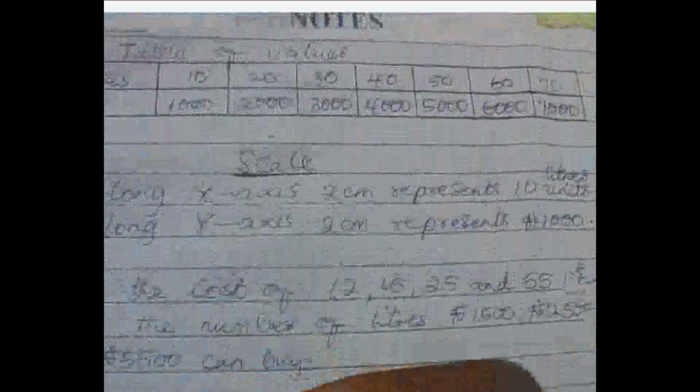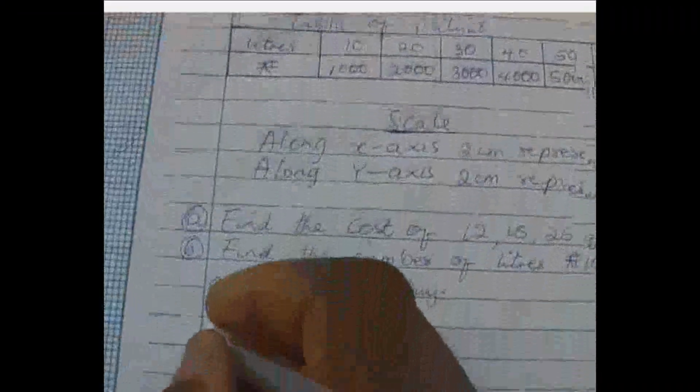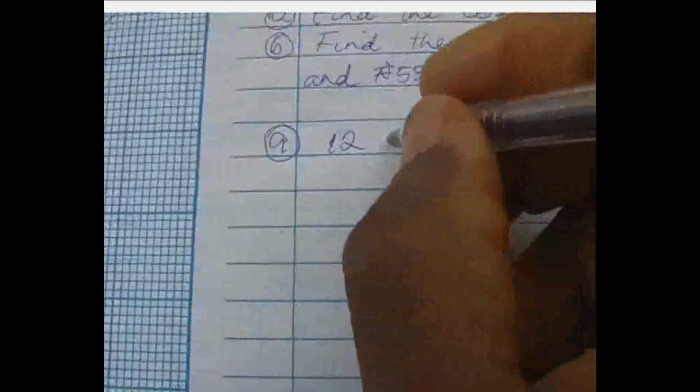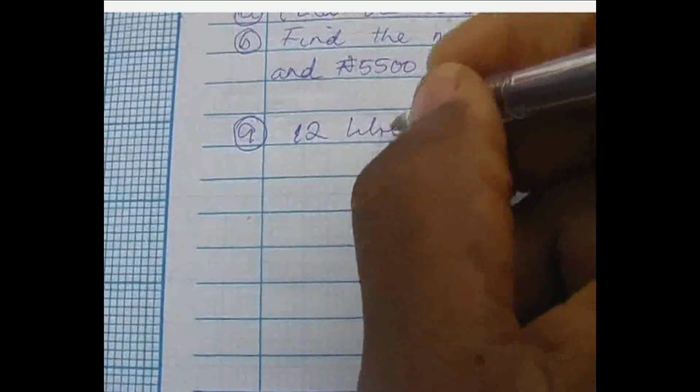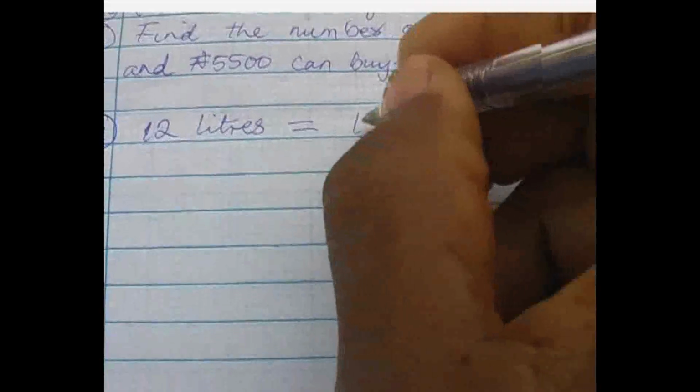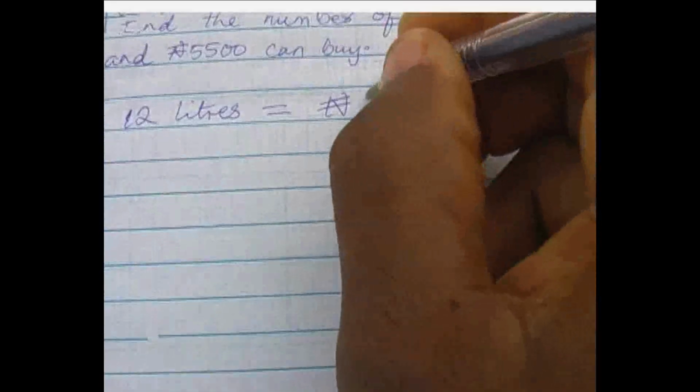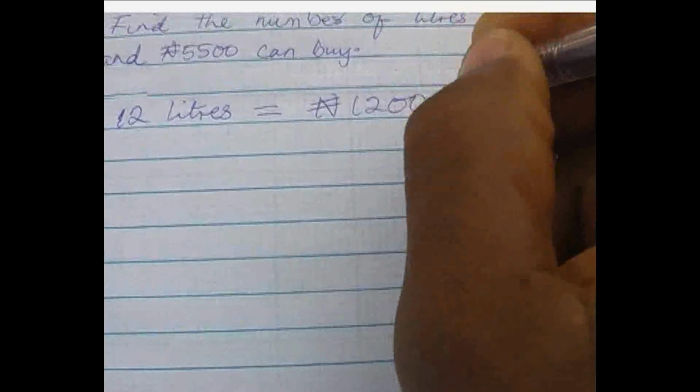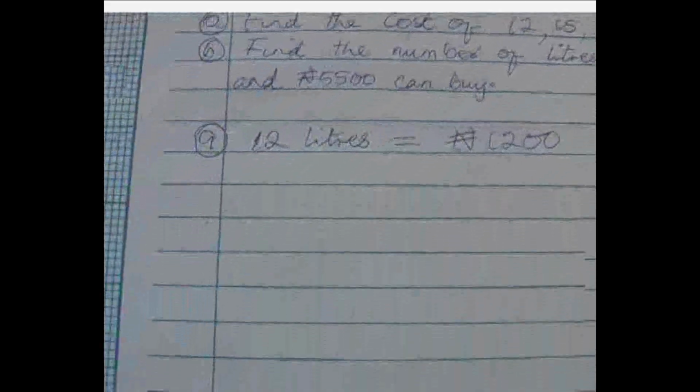So question number A, you come here and write A: 12 liters will cost 1,200 naira. It's very simple.